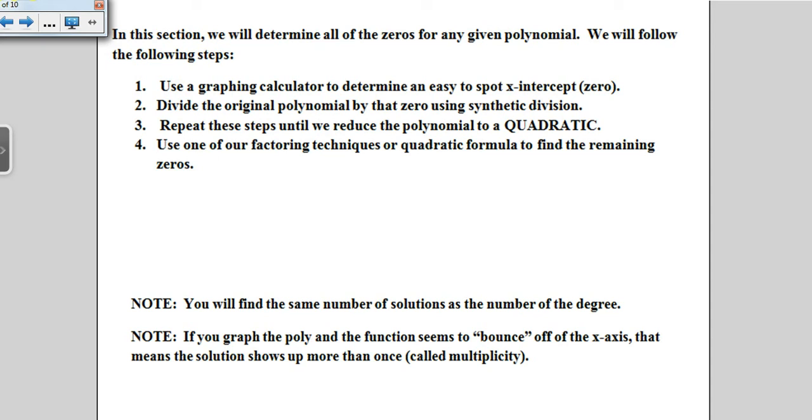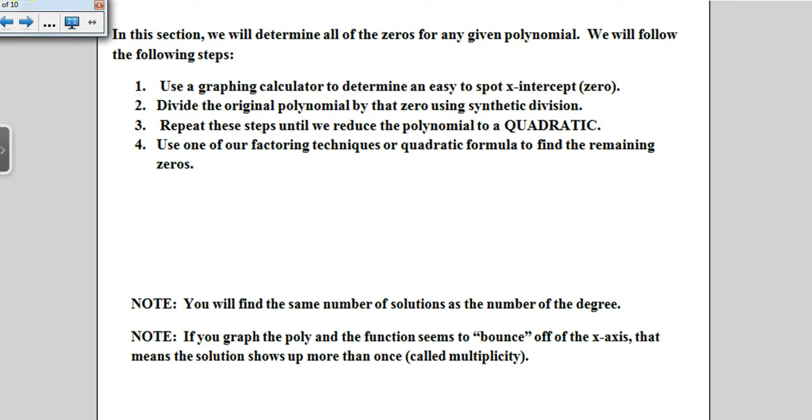And there's a couple of notes at the bottom. It says you will find the same number of solutions as the degree. So if it's a degree of 4, you're going to be finding 4 solutions. And sometimes we'll run into something called multiplicity. If you notice that the graph bounces off the x-axis, doesn't actually cross through it, but bounces off at a point, that means that solution shows up more than once, probably twice if it's bouncing off.